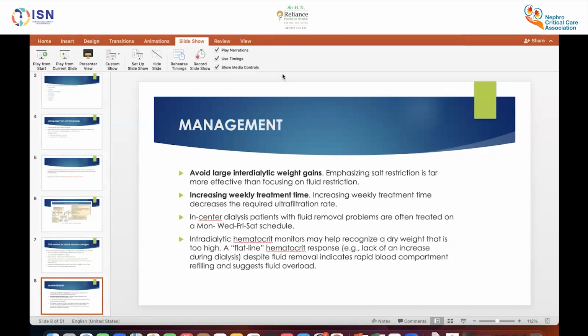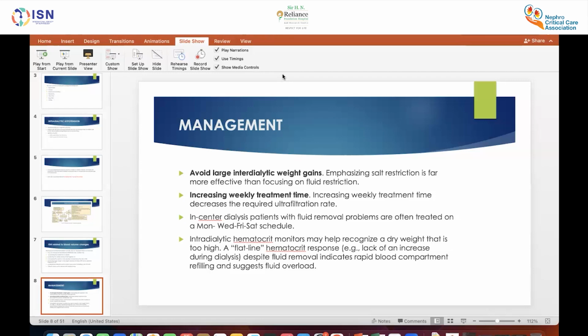Yeah, that is a tricky situation. Not everybody knows about it, but I have seen those monitors, so that's why I am emphasizing that. There is a separate monitor which will be attached to the dialysis machine.